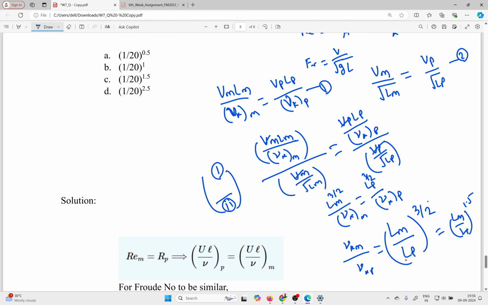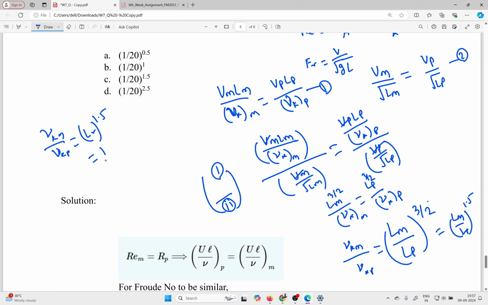So in the question, Lm by Lp, that is, nu Km divided by nu Kp, is Lr to the power 1.5.